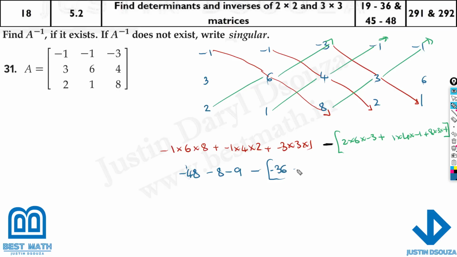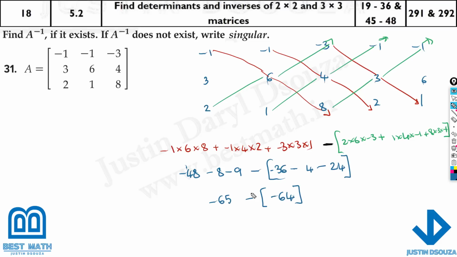Plus, again there's minus 4 and this is minus 1, so minus 8 times 3 is 24. And here it's going to be 48 and 8, 56, 56 and 9, 65. Yeah, minus 65. Subtracted with 36 and 24, 60, 64, minus 64.